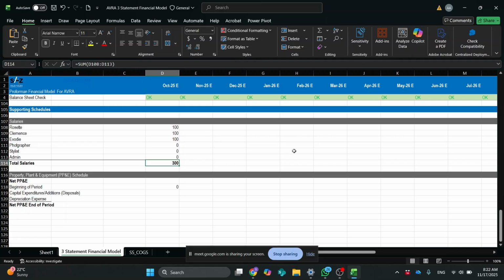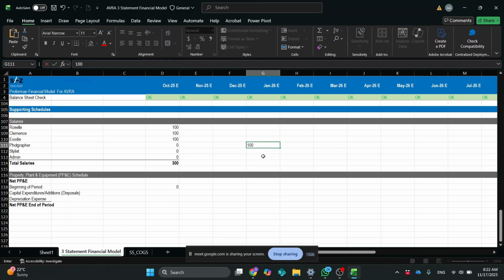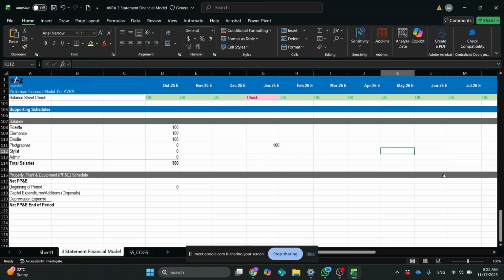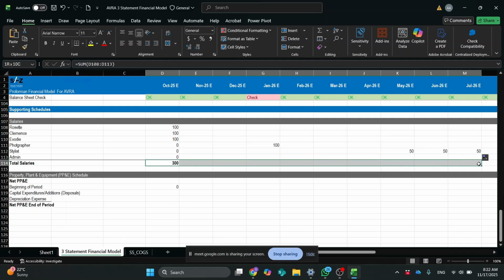Yeah. Then you can say, okay, in January 2026, that's when we'll get a photographer who will earn 100. And then the stylist will come maybe in May, and now she'll be earning 50. And then from there onwards, she'll be earning 50, 50, 50, 50. So that will help us now get the totals.